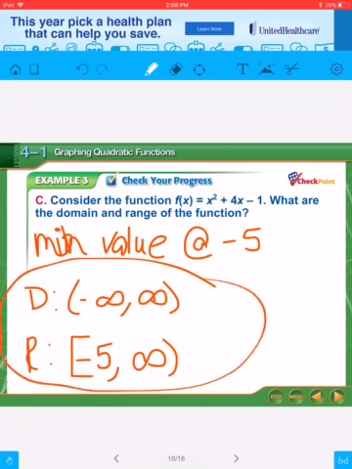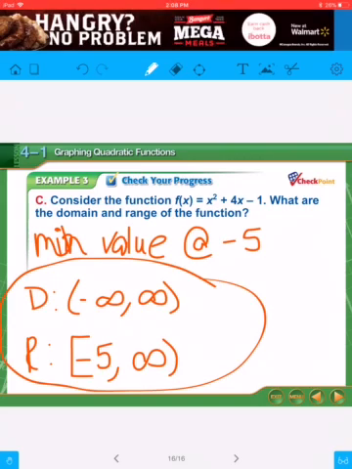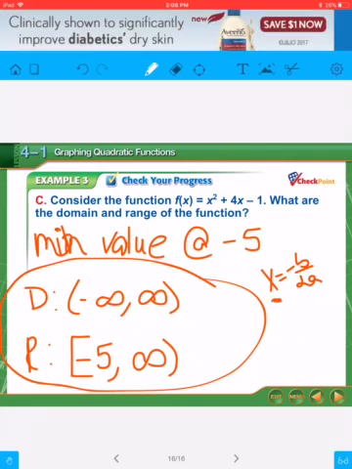And that's it for graphing our quadratics for now. Okay, so we used a table. We used equations to find our axis of symmetry, which is that x equals negative b over 2a. That same equation helps us find the x of our vertex. We find the y of our vertex by plugging in our x value of our axis of symmetry to solve for that y value of the vertex.